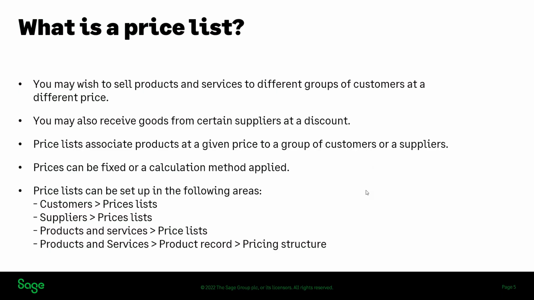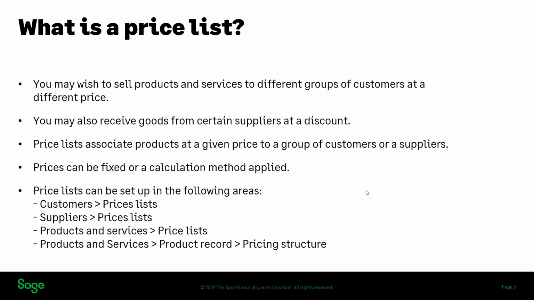So again, if you want to sell products and services to different groups of customers at a different price. I'll give you an example there, retail price list and trade price list. You may have loads of others as well. Different sectors. If you trade abroad, you might have a different price list then. Obviously, it does apply to the suppliers side as well, but again, I just want to concentrate on customers today.